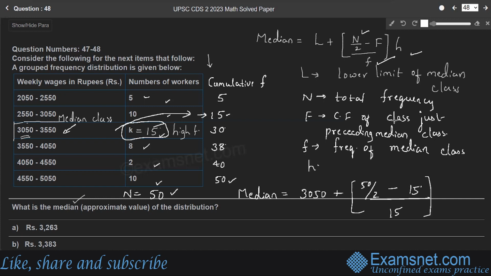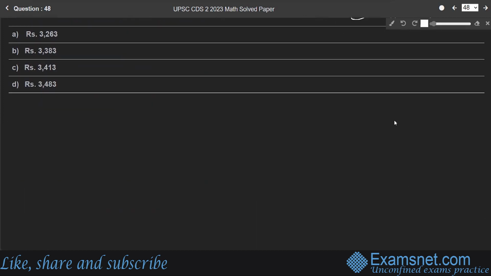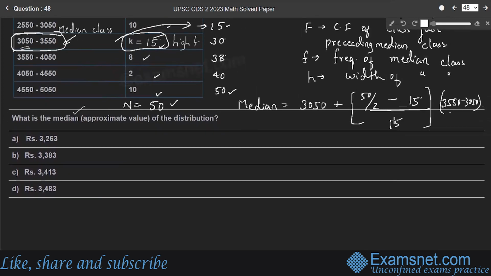What is h here? h is nothing but the width of the median class. Width means the difference between the upper limit and the lower limit, right? The width of the median class is 3550 minus 3050. So 500 is the width of the class interval, right? Simplify it.